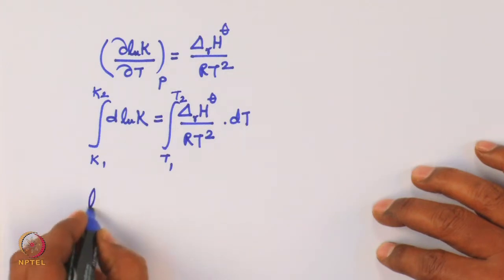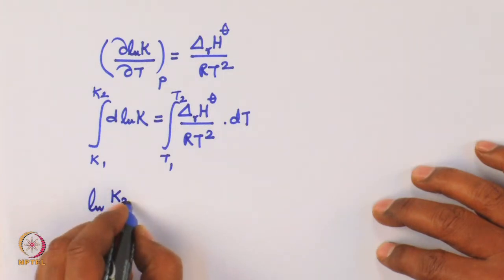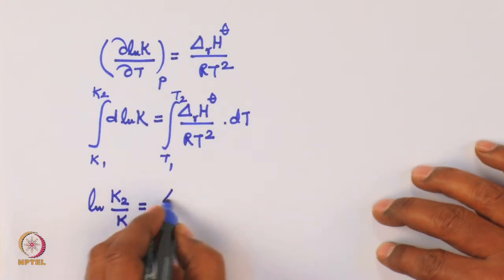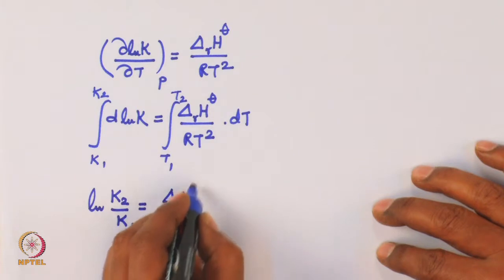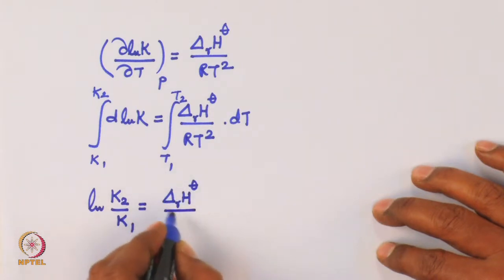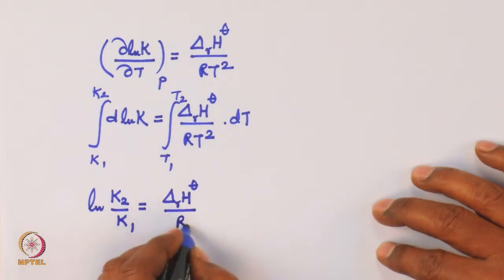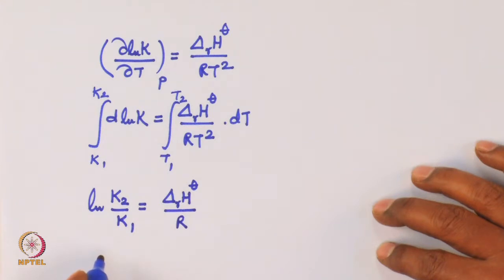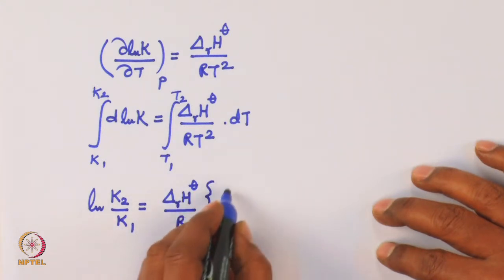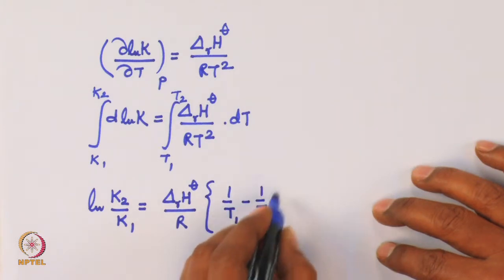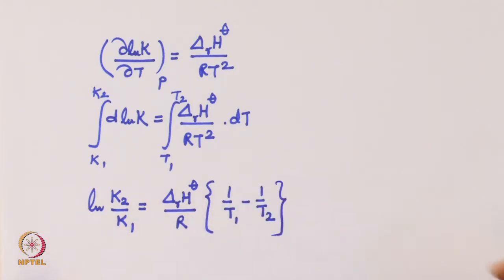Then what will I get? I will get log K2 by K1 is equal to delta rH naught by R into 1 over T1 minus 1 over T2, after you solve the integral and substitute the values of T1 and T2.